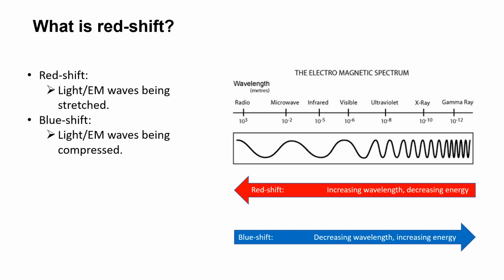It's got a siren on and it's coming towards you. So the source of the sound, the police car, as it's emitting these sound waves, is driving towards you. When these sound waves are reaching you, as it gets closer and closer, the sound waves are becoming more and more compressed. And what this results in is a much higher pitch.